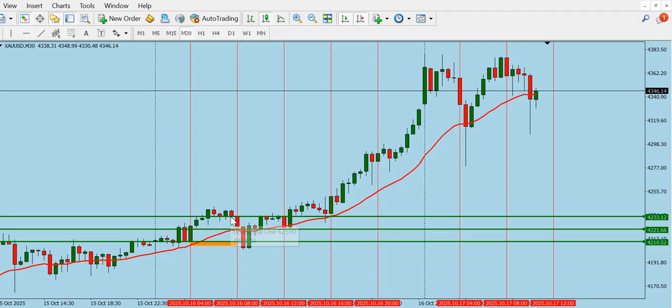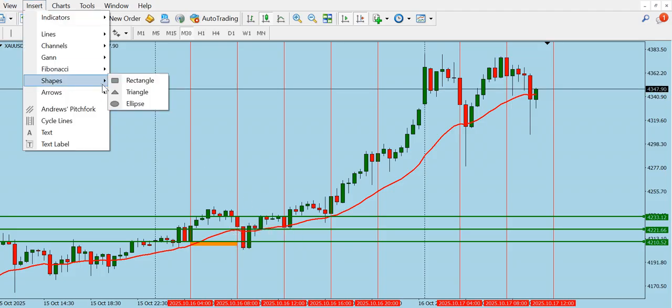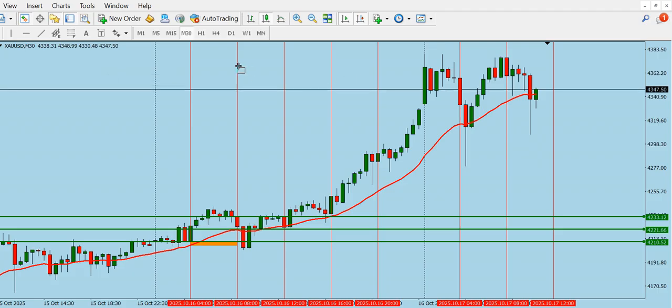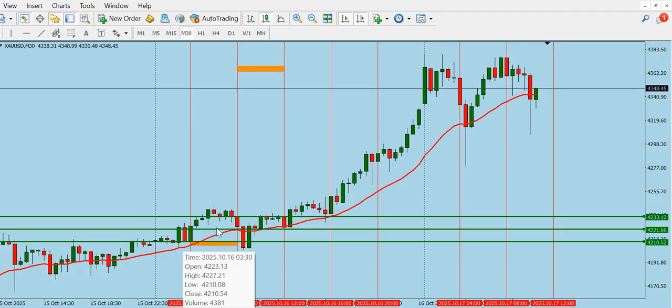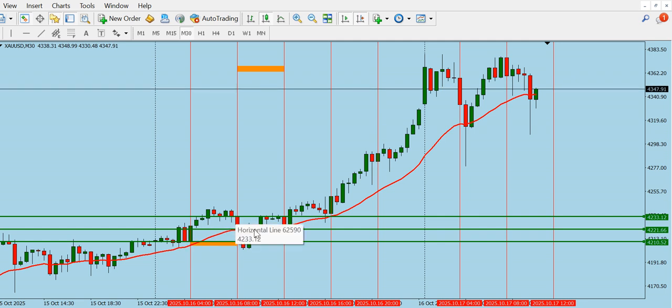So I'm going to mark the resistance and support. We have a rise from this particular close to this particular close, price moved upward, so the next section will have a support. So I'll put it at the middle of the lower box.